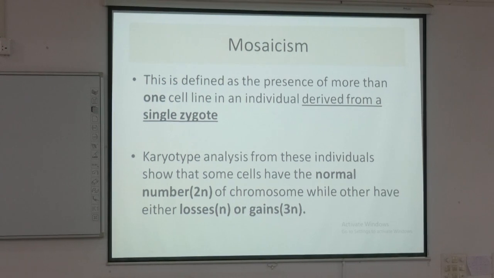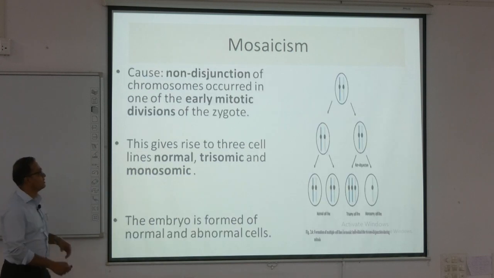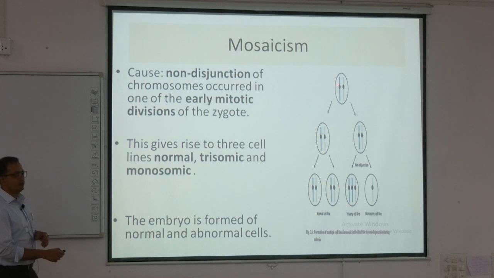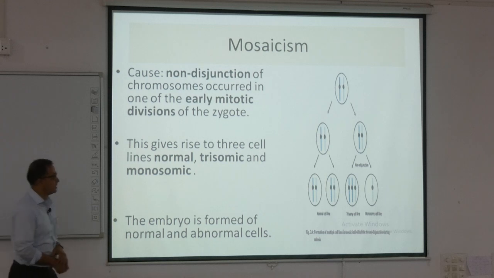So, what happens to this particular individual and why does this kind of thing happen? We have a condition leading to this problem, which we call non-disjunction. So, what happens here is that the zygote develops from 1 to n numbers into these offspring cells.